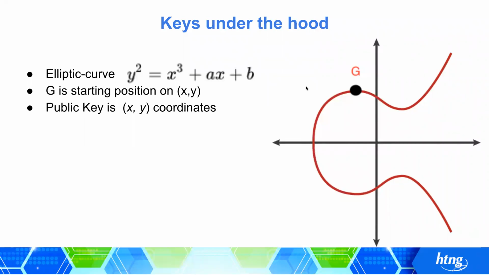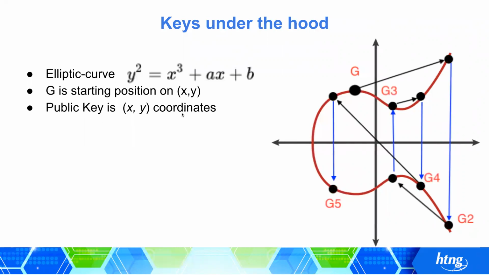And how to understand it in the simplest way. The start position on the table, which we considered on the previous slide, will be the G point. It's our start position for the private key. And after some math operations with multiplication of x and y coordinates, we will produce the public key on our elliptic curve.